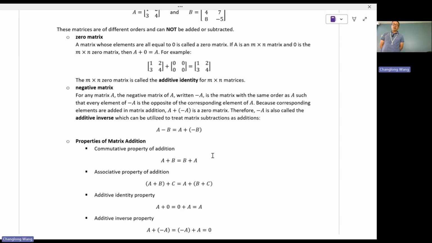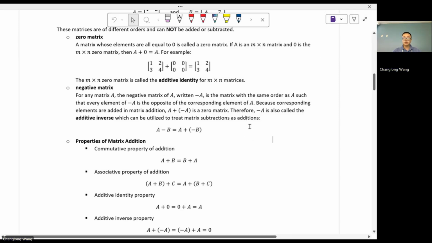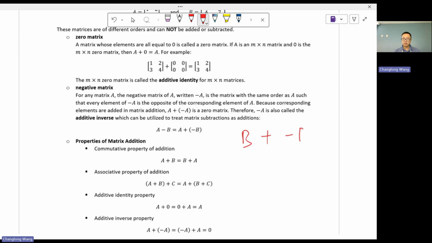Okay, so now, see if you are 100% comfortable with this kind of concept. I have two matrices, B and negative B. How much do you think that they add up to?